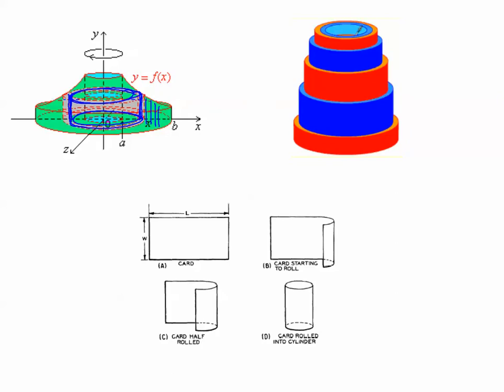But there is no top and there is no bottom, so the area that we're talking about is just the area of the sides of a cylinder. Well, what's the area of the sides of a three-dimensional solid called? The lateral area. The lateral area of a cylinder.